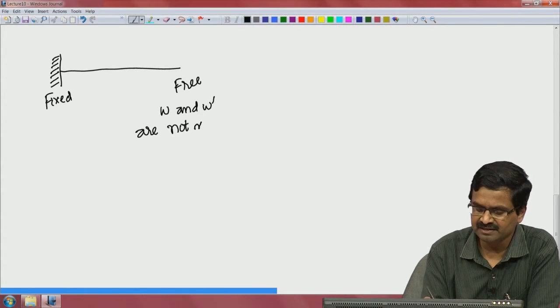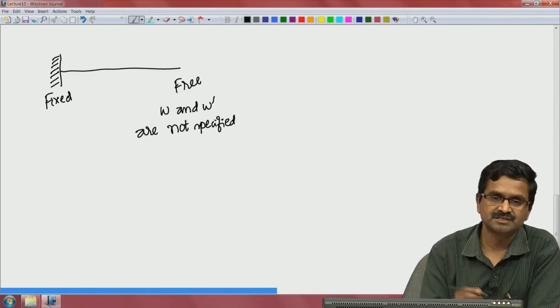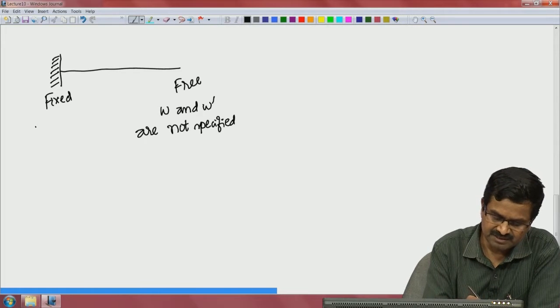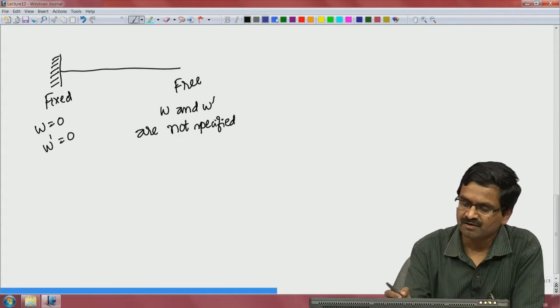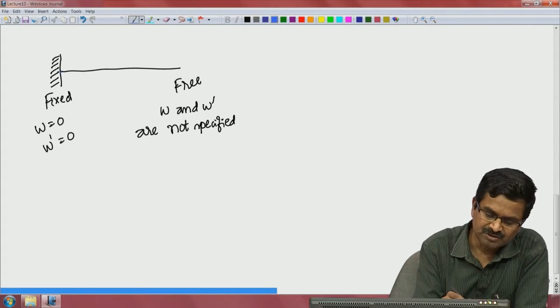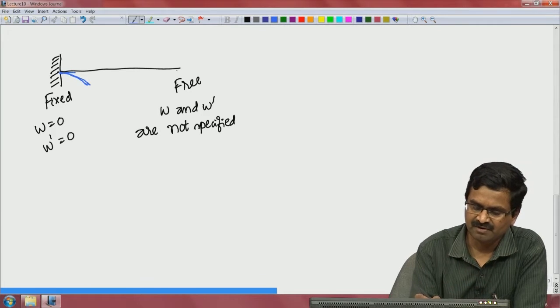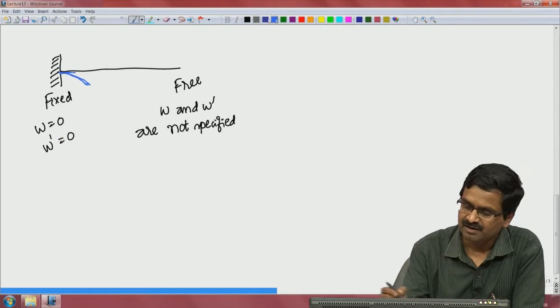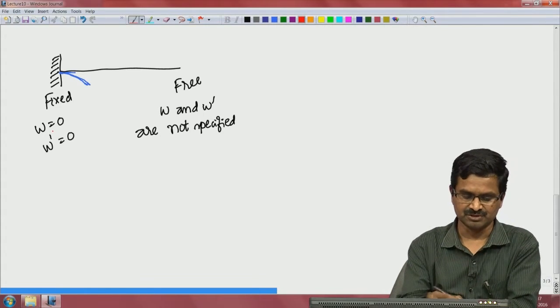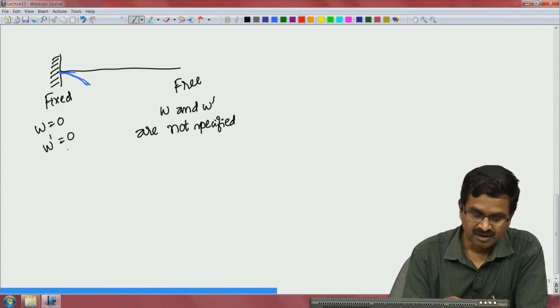They can be anything as per the loading applied on this cantilever beam, and fixed means that w is equal to 0, w prime is also equal to 0. That is why when this beam bends, we have to make sure that w is 0 and the slope is also 0. We have to go with slope 0 there. But at this end it can be anything. So, here we have w equal to 0, w prime equal to 0.